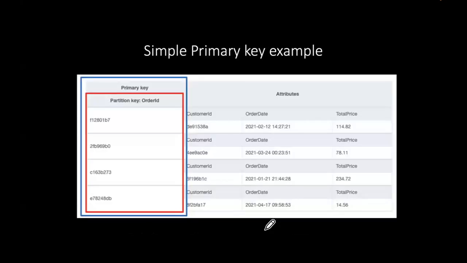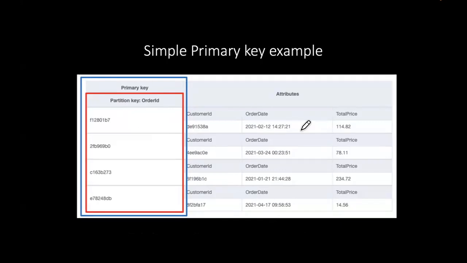Here's another example with your standard table that contains orders for goods. Now there's two ways I could design this table. This table is going to have an item for each order from a customer.